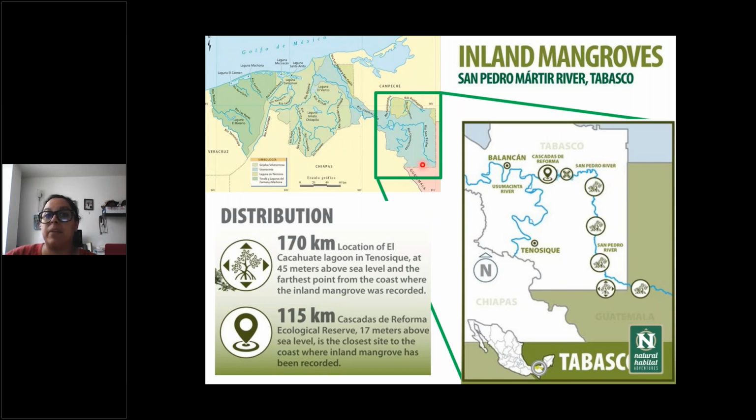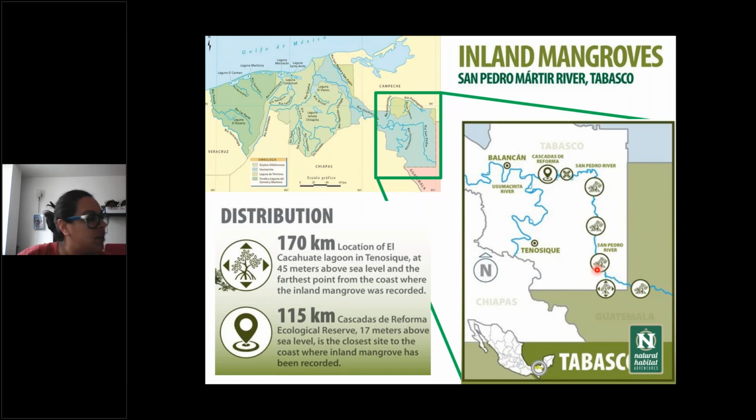Because of that, there was the chance for the mangroves to settle in this area that back in the day was brackish water, basically seawater. So as the ice age finished and the sea level went down, we found that these mangroves just stood there, adapted to be in this area.